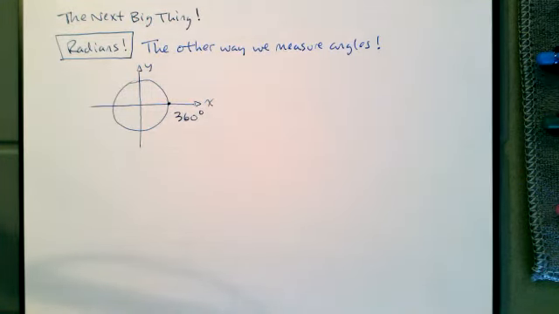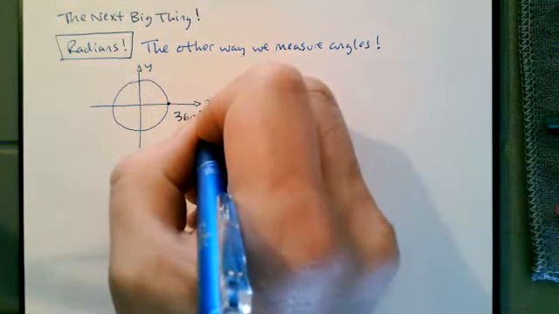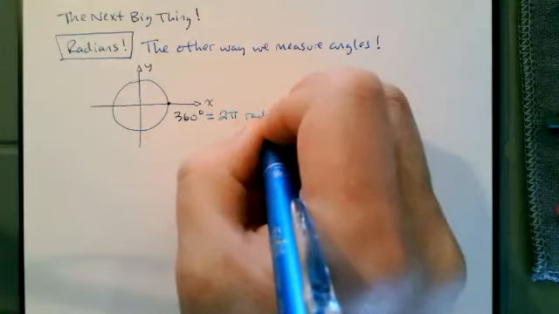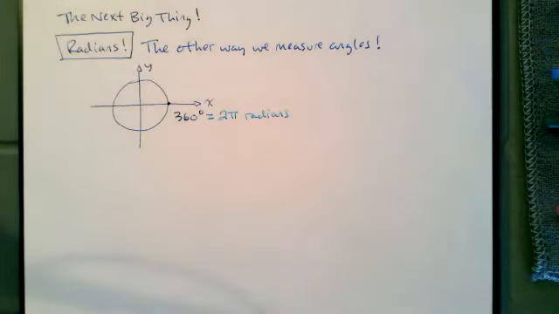The other way we can measure 360 degrees is say that that is 2 pi radians. 360 degrees is 2 pi radians.